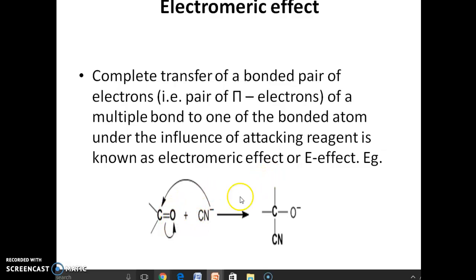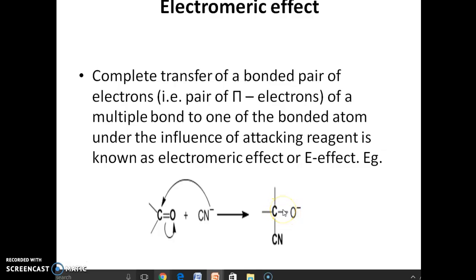Take the example of a carbonyl group under the influence of the cyano group, which is an electron withdrawing group. There is a pi bond between carbon and oxygen. Because of this electron withdrawing, more electronegative group, there is a difference in polarity.